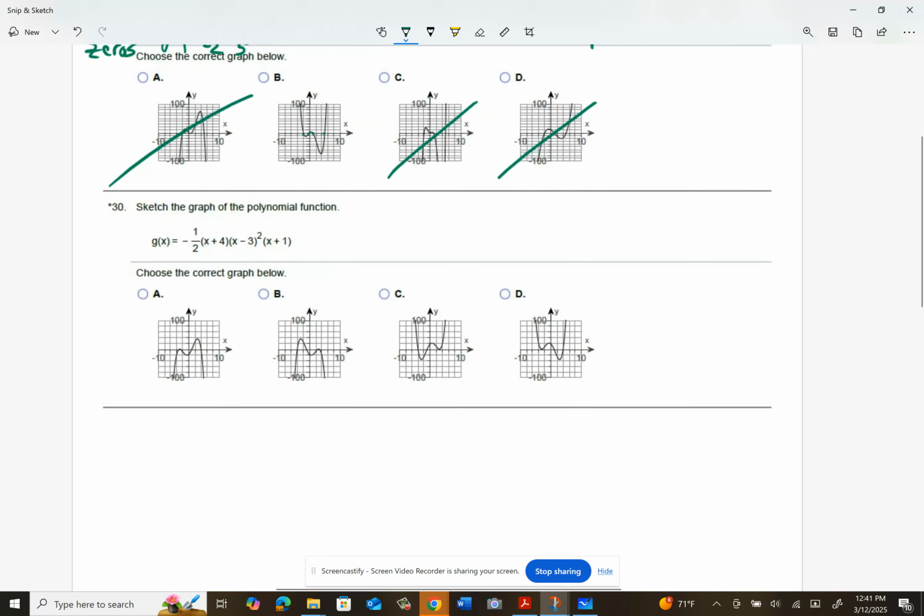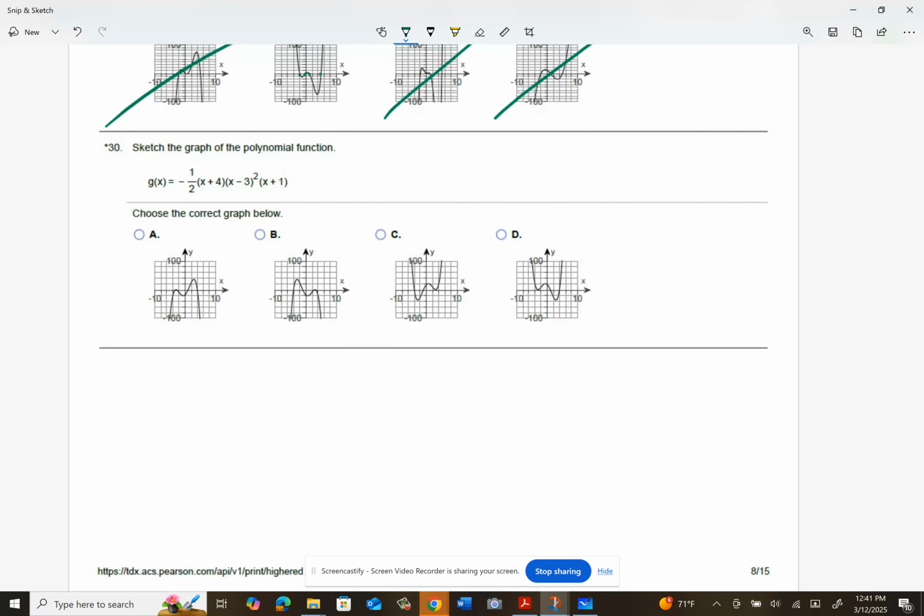All right, now let's take a look at this one. Let's start with end behavior because maybe we could rule it out. Now, when you do this for me, you're going to have to actually get a good sketch yourself, so you're not just going to be doing multiple choice on all of them. The leading term for this one would come from all the firsts. So -1/2 times x times an x to the 2nd power, because you see that exponent there, and then times another x.